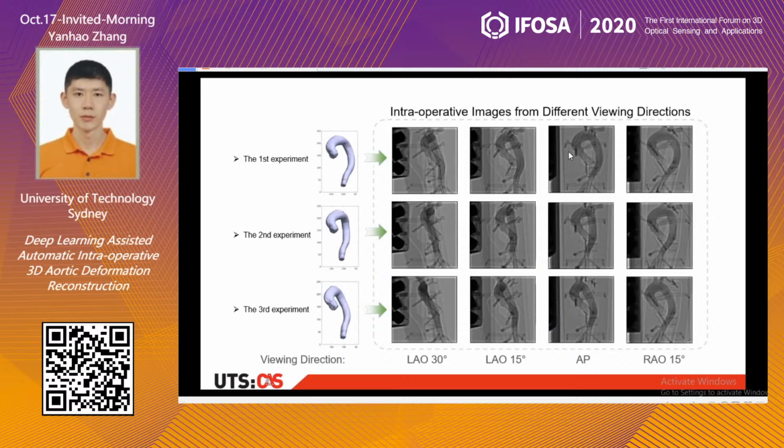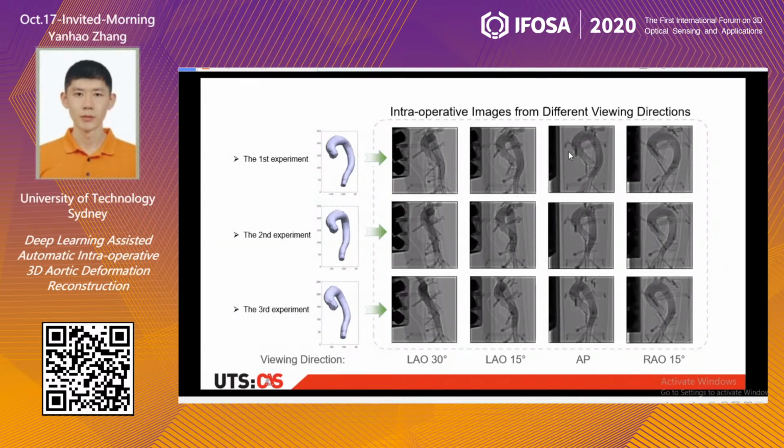So we have the ground truth, the data from CT. We can also have a video that is very similar to the X-ray image, but from different viewing directions. Because this is a video, there are many images, and we use the images from the video to train the neural network.